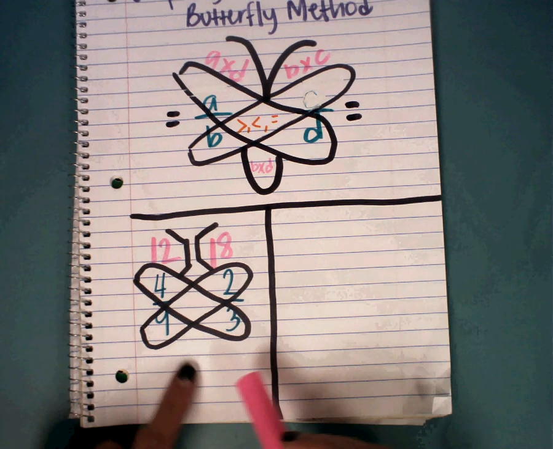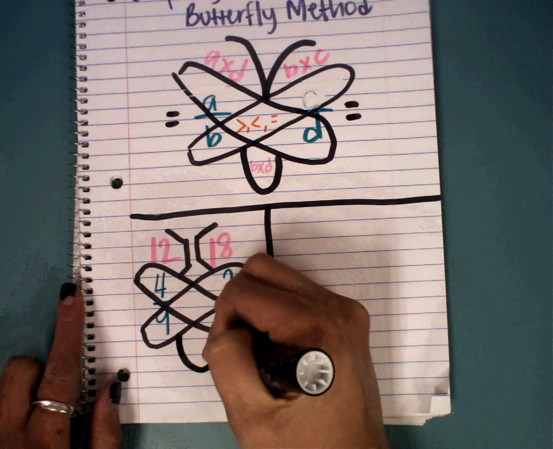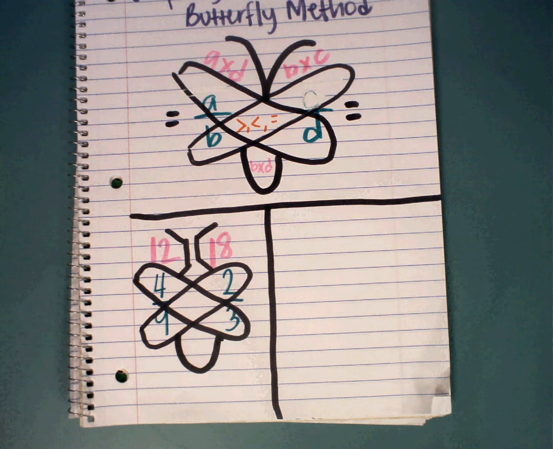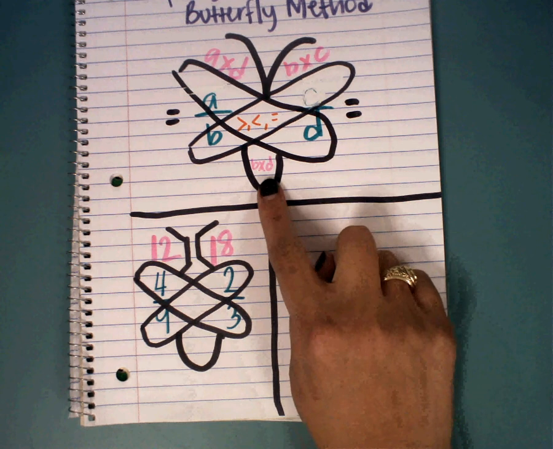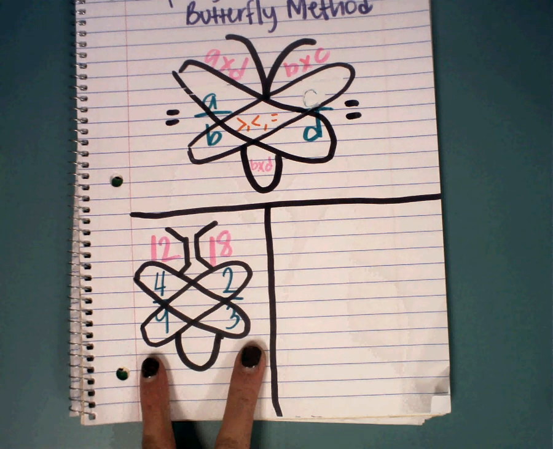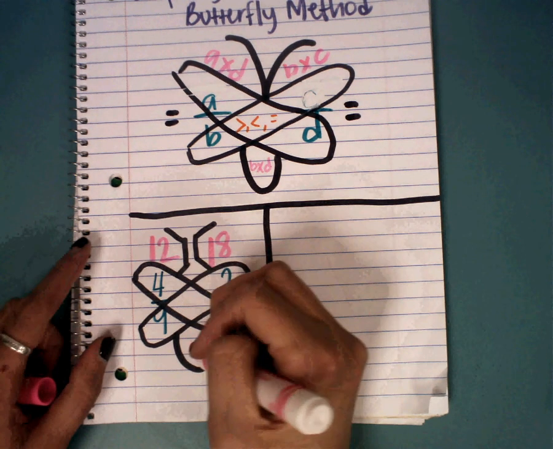All right? So now how do I get this bottom part of the body down here? Well, my template says I'm going to multiply B times D. So that's these two numbers on my butterfly. So what is 9 times 3?